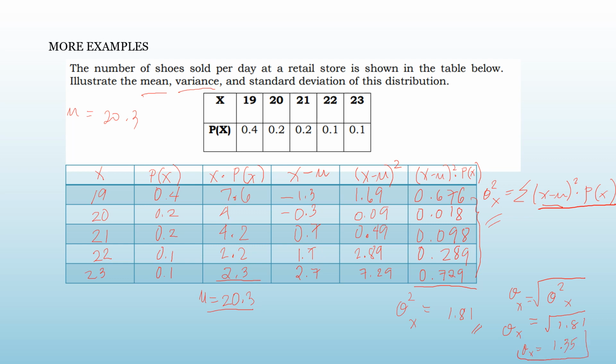And here it is. So here is the mean, 20.3. The variance is 1.81 and the standard deviation is equal to 1.35.